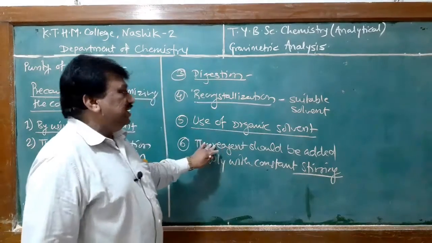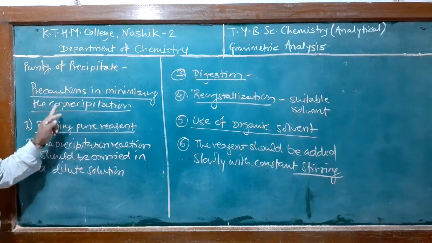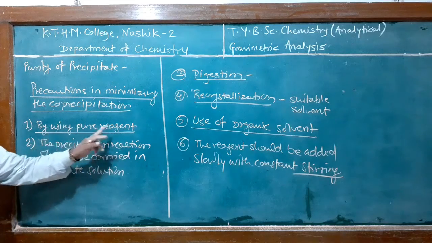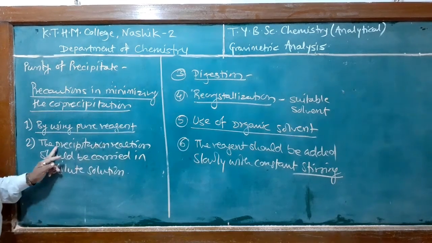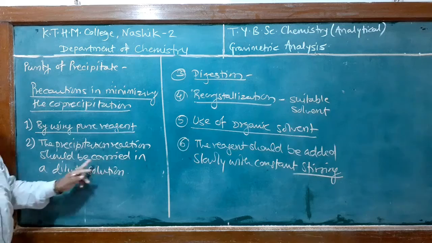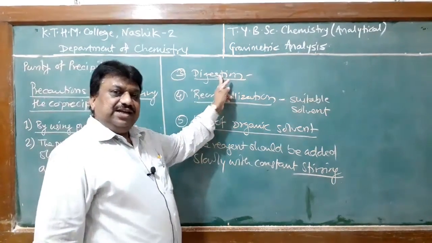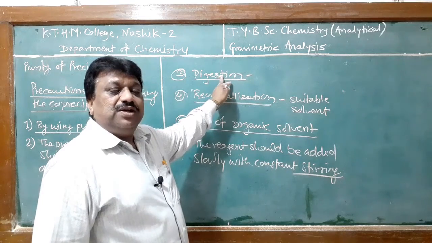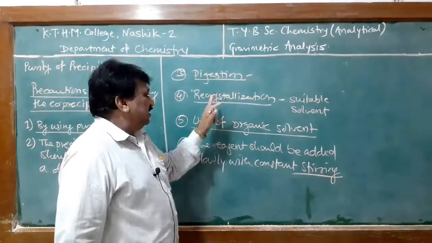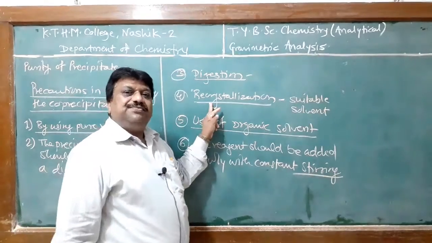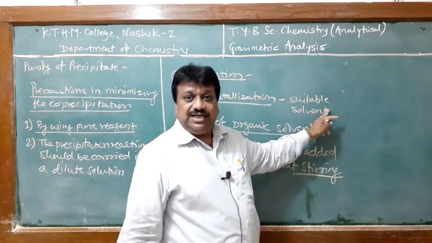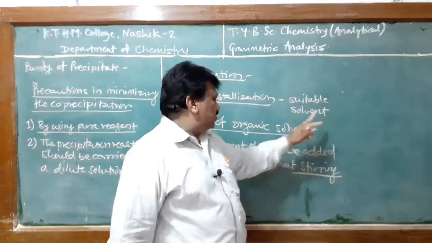Therefore, student, here we can minimize the co-precipitation by using pure reagent. The precipitation reaction should be carried out in a dilute solution. Digestion can be carried out for purification of the contaminated precipitate. Similarly, recrystallization is also carried out for contaminated precipitate using suitable solvent.